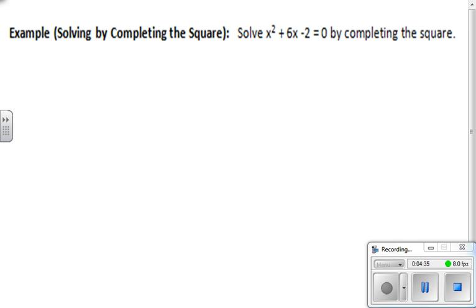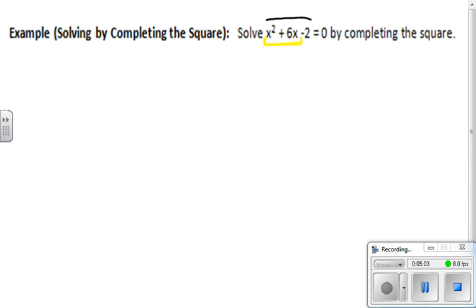So we're going to work through an example of how to solve by completing the square. Notice how, in this case, we aren't given a perfect square. We are given x squared plus 6x minus 2 equals 0, which we can't quite factor down into a perfect square. But we can look at just this first part, the x squared and the 6x.